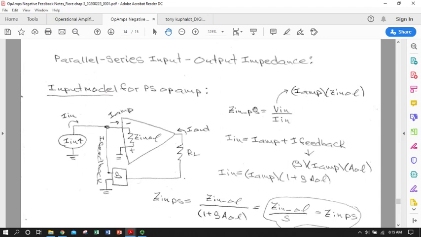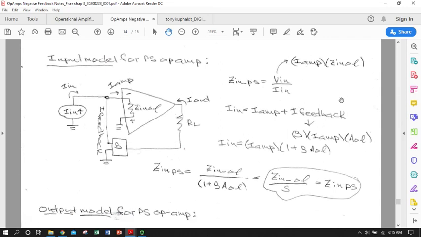So Zin closed loop is current flowing into the amplifier times the open loop input impedance, spec sheet readable, divided by the total current that we're sending in. Now, we can invoke a second equation, our Kirchhoff's current law expression at this point.